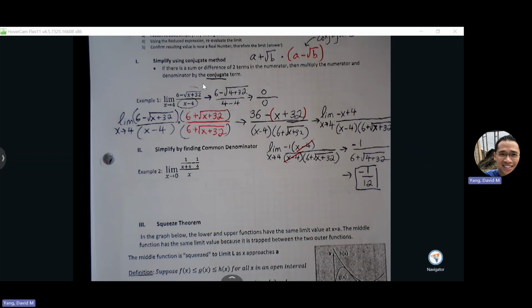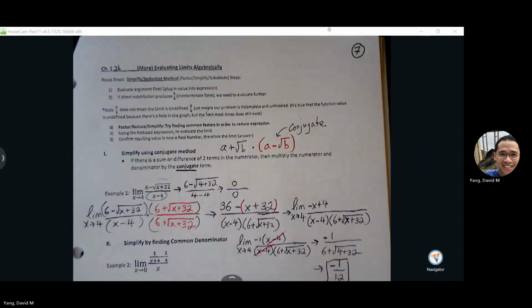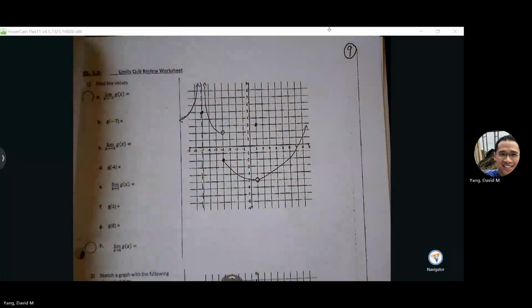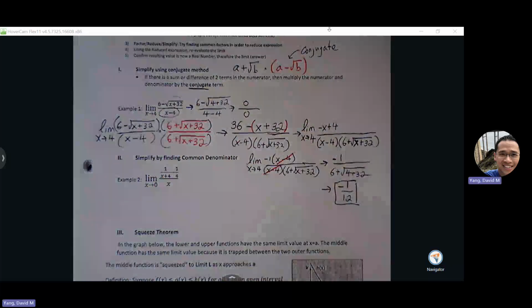So page 7. We went through the conjugate method.